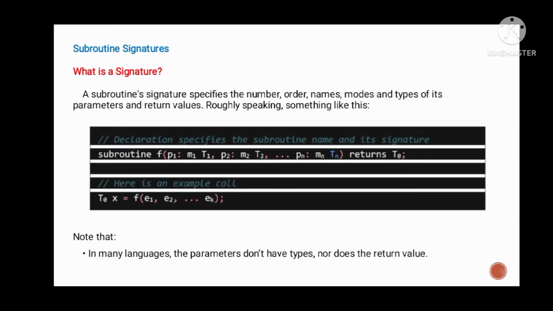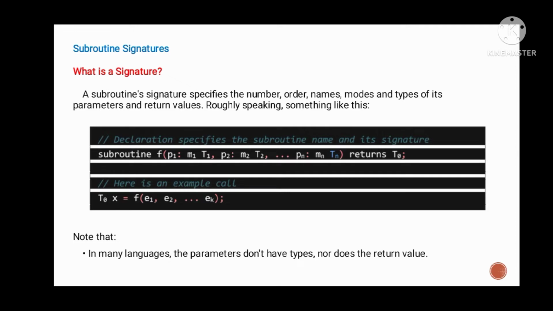Subroutine signatures. What is a signature? A subroutine signature specifies the number, order, names, modes, and types of its parameters and return values. Roughly speaking, something like this. The declaration specifies the subroutine name and its signature, and here is an example call.